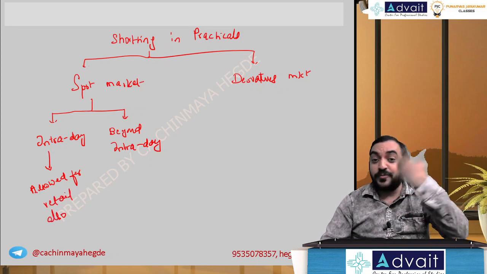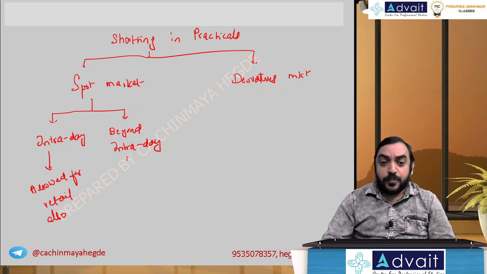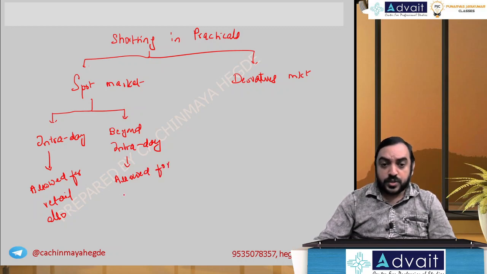You can invest more than the money you have here. Beyond intraday is allowed only for institutions, and that's what we mean by stock lending mechanism.